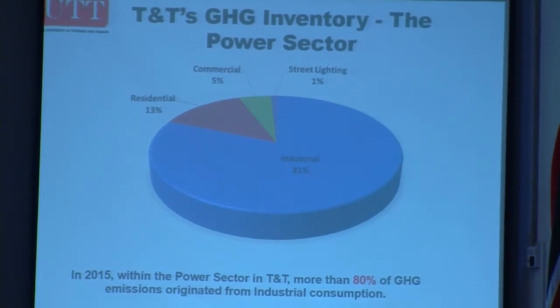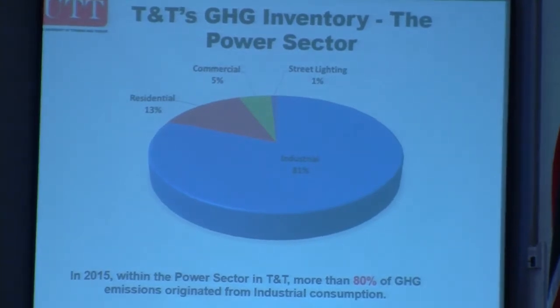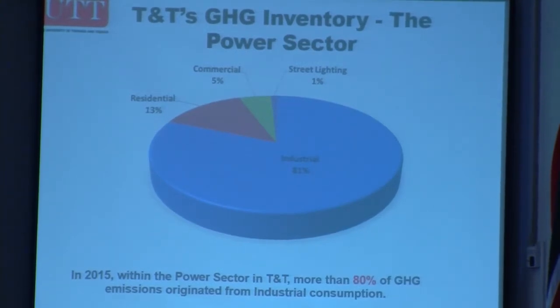My friends at T&TEC always call me up on this slide, so I just want to elaborate for their benefit a bit. This takes into consideration power generated by Atlantic as well. If you just take into consideration the power from the T&TEC grid, this percentage is actually closer to 70%.